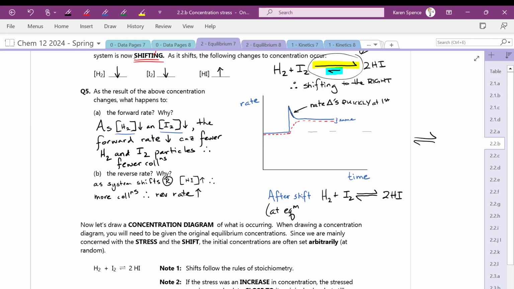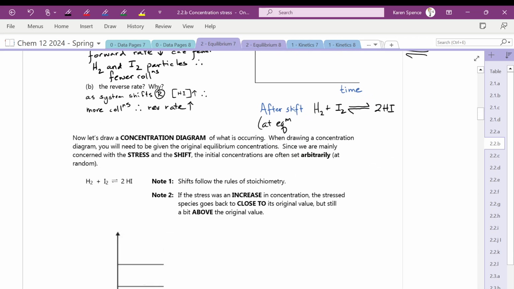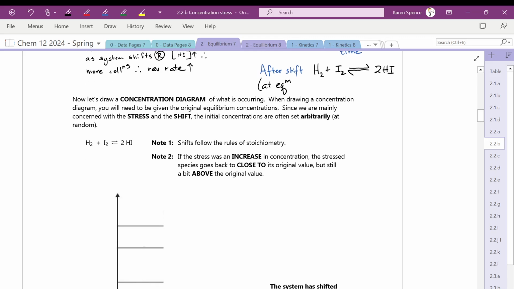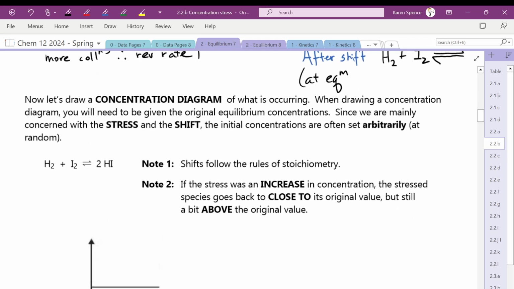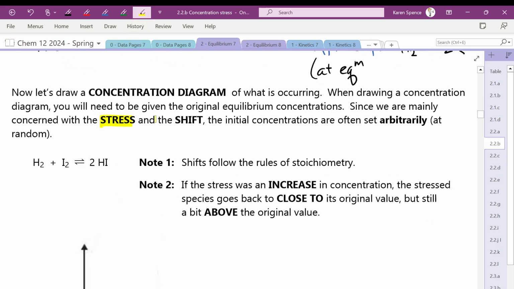We are going to draw a concentration diagram for exactly the same process. So once again, we have our H2 plus I2 gives 2HI. And just take note that because we are mainly concerned with the stress and the shift, the initial concentrations are often just set arbitrarily.